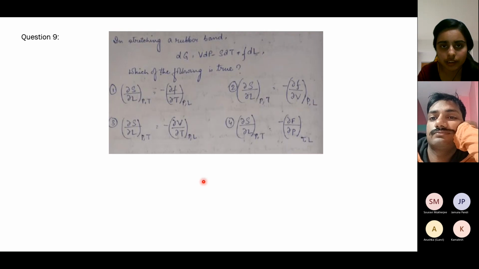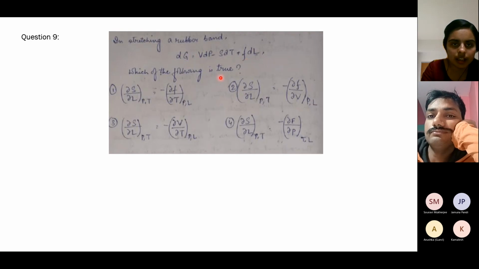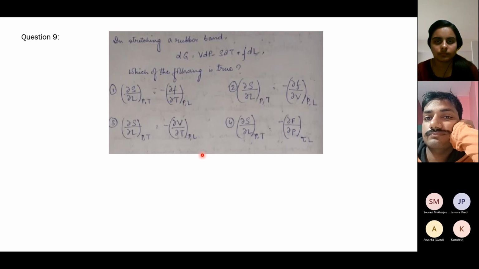Now this is another question. In stretching a rubber band, this is your Gibbs free energy, how it depends on different factors. It's written in terms of the differentials. Now, which of the following is true?